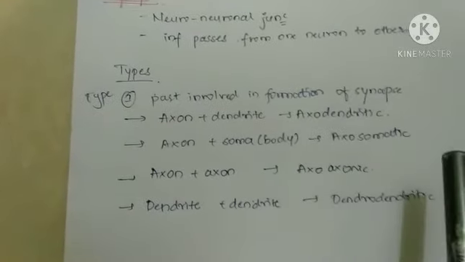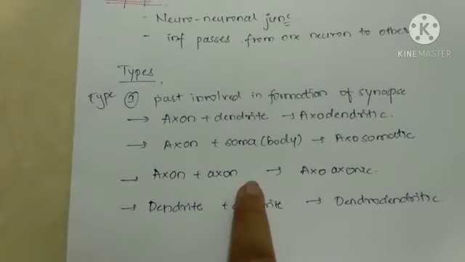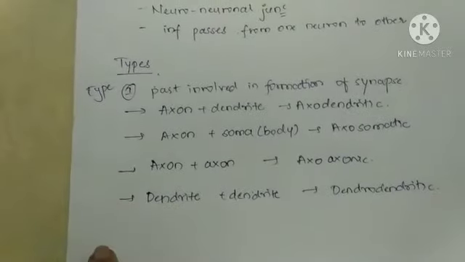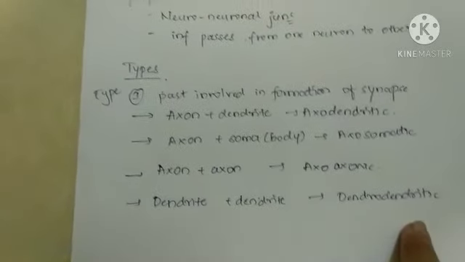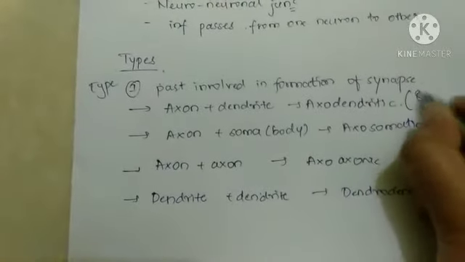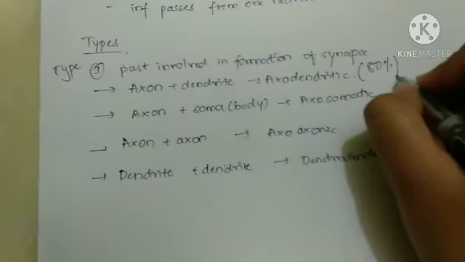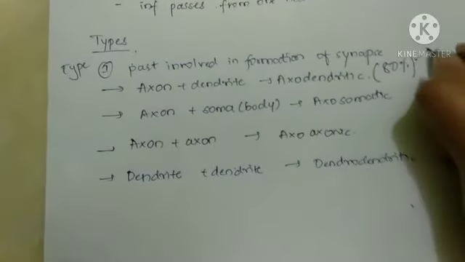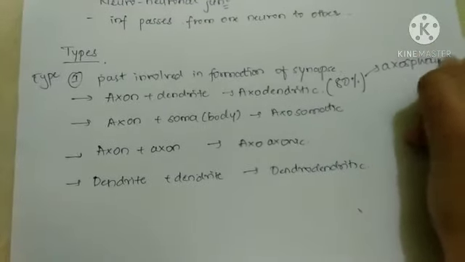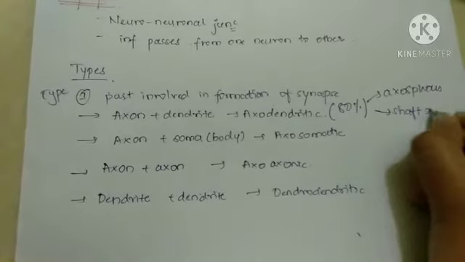plus soma of postsynaptic; axoaxonic, axon of presynaptic plus axon of postsynaptic; dendrodendritic, dendrite of presynaptic plus dendrite of postsynaptic. Axodendritic is the most common type. Almost 80% of our synapses are axodendritic. Axodendritic are again divided into two types, axospinous and shaft synapse.